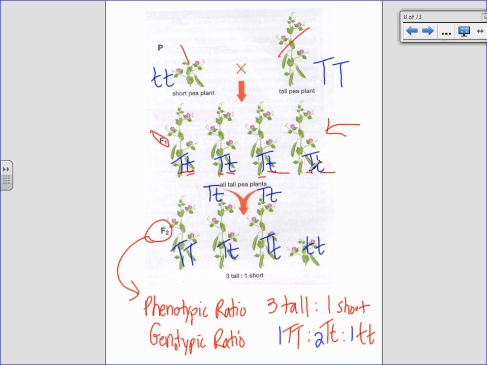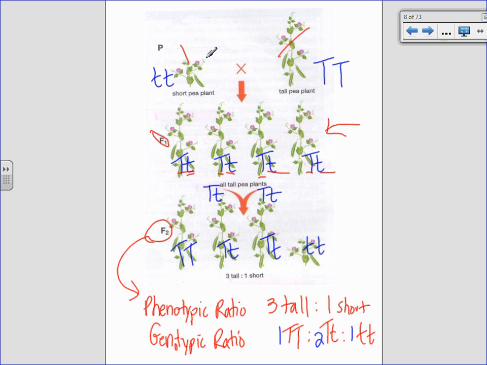Okay, so when they have one of each kind of allele or one of each kind of gene that's possible, then we call them heterozygous. So they're heterozygous and they have one big T, one little t. Each of the parent plants are homozygous, meaning they have 2 of the same allele or 2 of the same gene or factor.